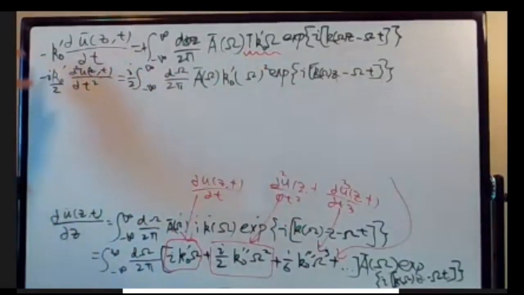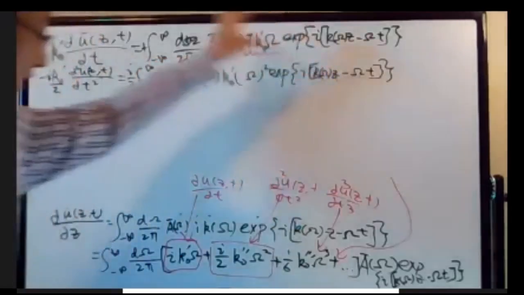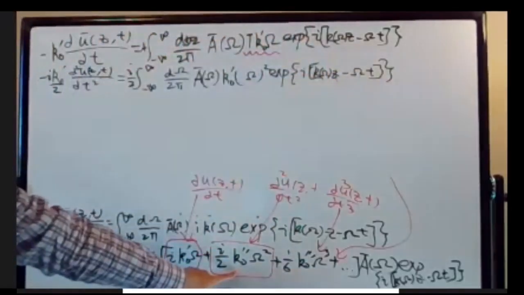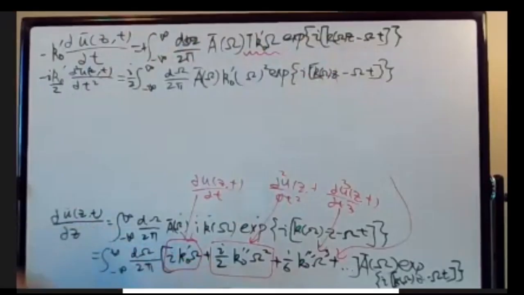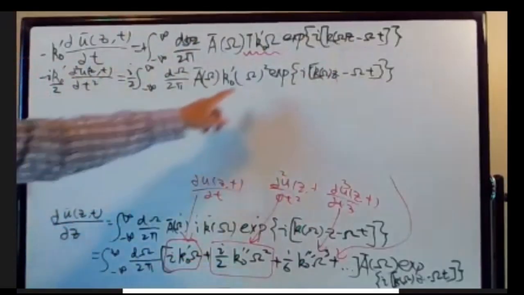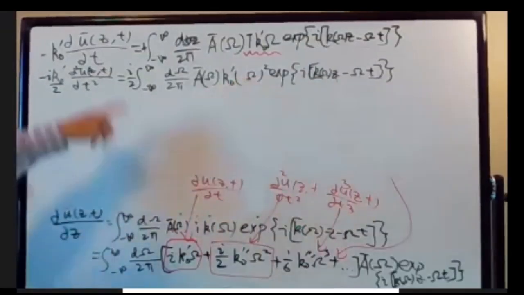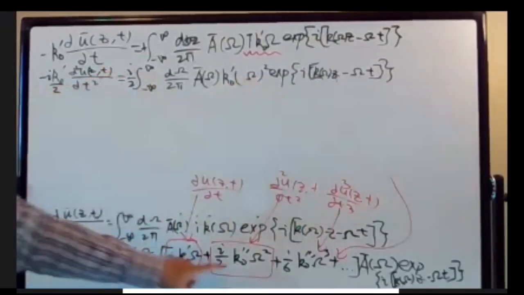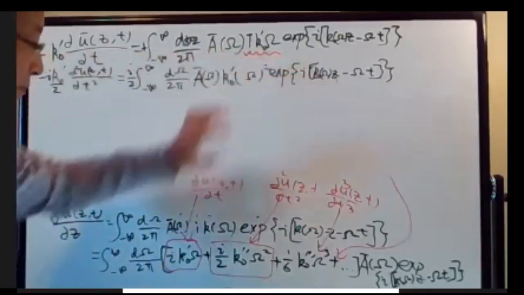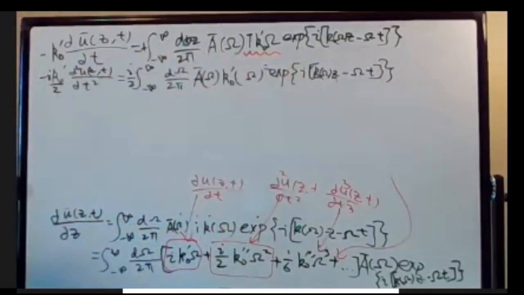So I add an extra term, so the right-hand side matches the second term here. I add an extra i, negative i over 2, so now i squared is gone. So this matches the second term.